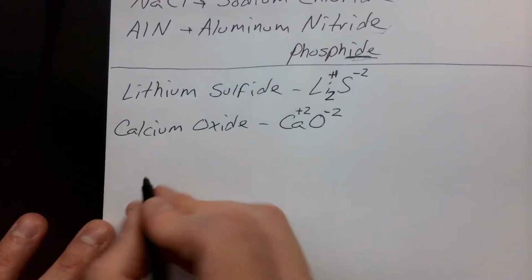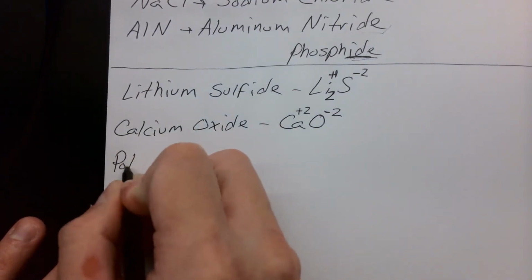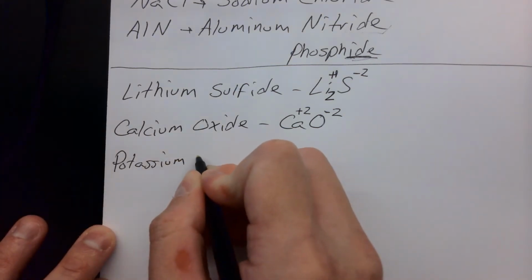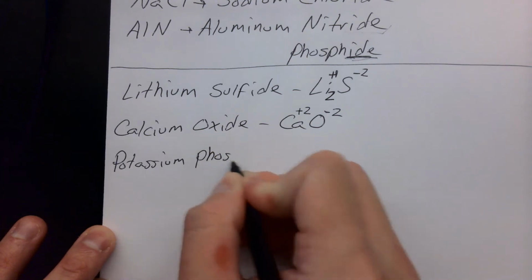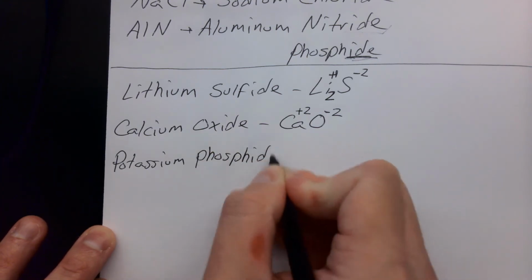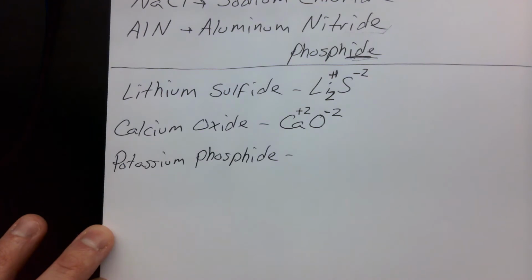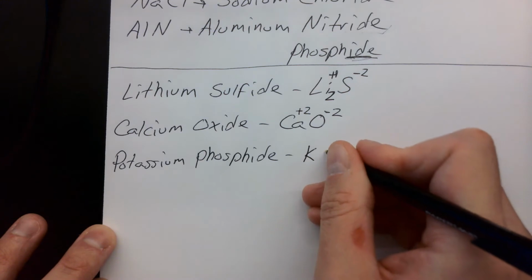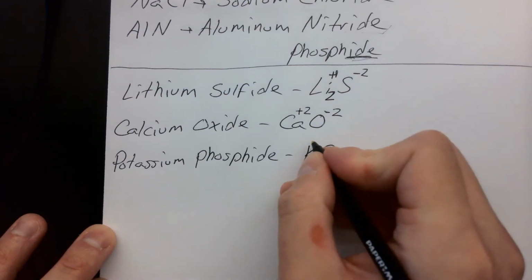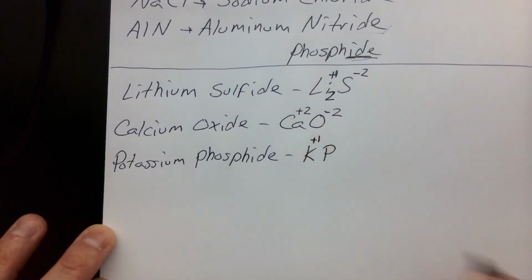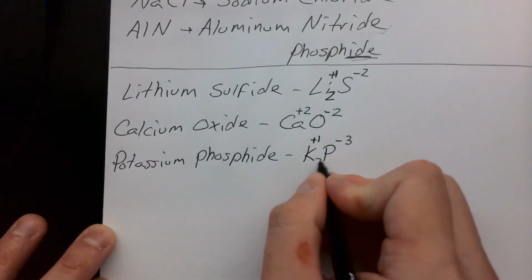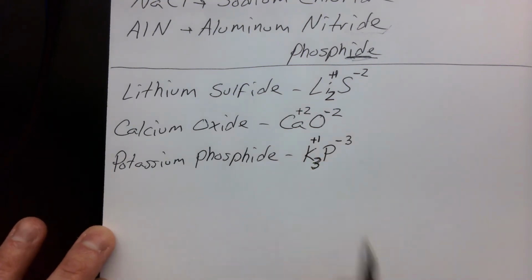What if I do potassium phosphide? Same thing. Potassium is K, phosphide is P. Potassium is a +1, phosphide is a -3, so you need 3 of those +1s to cancel out that -3.